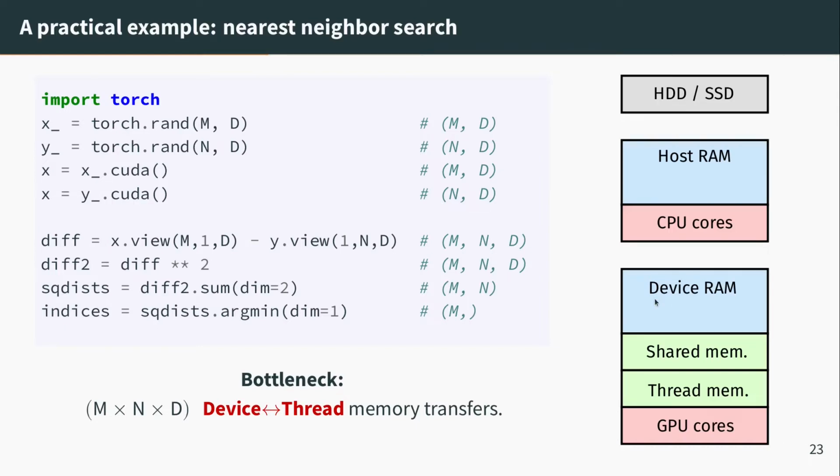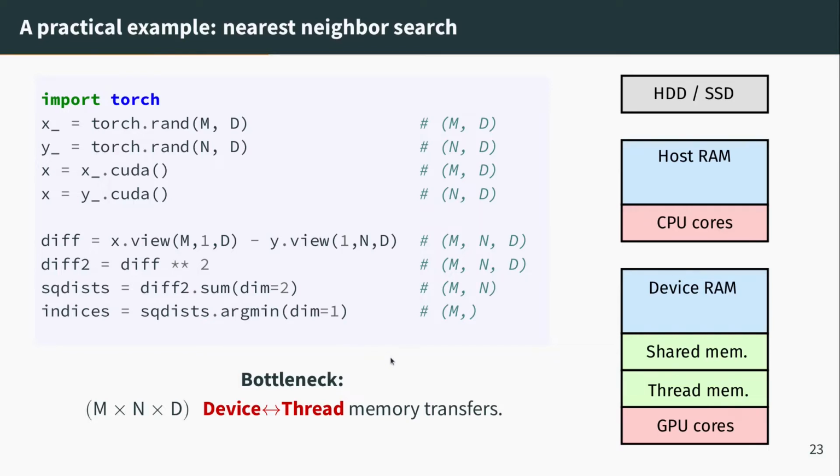And then PyTorch automatically understands that all those computations should be performed on the device RAM. And so every single line in this program corresponds to a binary that takes as input X and Y on the device RAM, and then does some kind of dark magic with shared memory, thread memory, GPU cores, and creates an M-N-D array in the RAM that has all the required values, etc. Now you look at this program, and where is the main bottleneck?